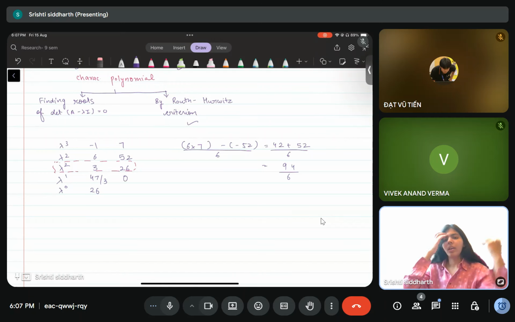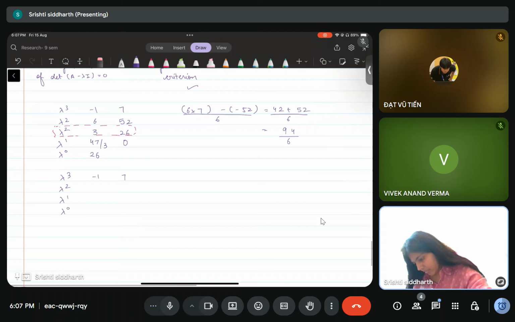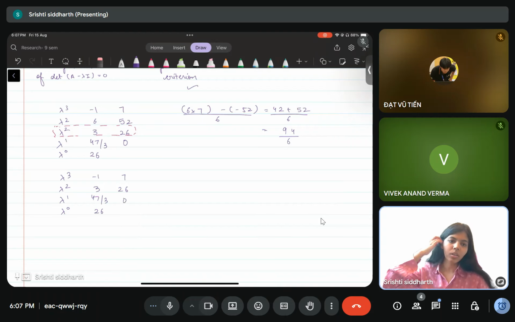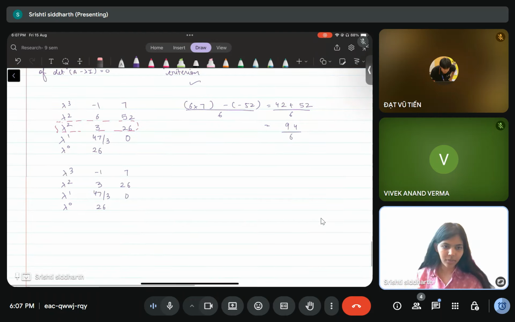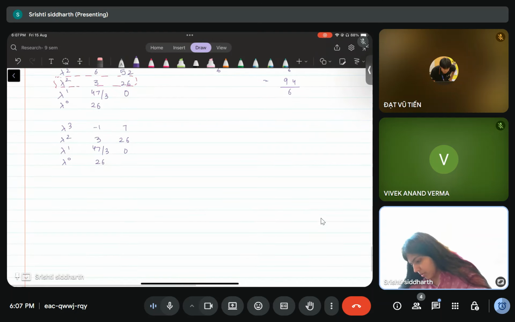Okay, let me rewrite this: lambda cube, lambda square, lambda 1, lambda 0. To determine the number of poles in the left half plane, the right half plane, or on the j omega axis, we have to determine the sign changes. There's just one sign change here.